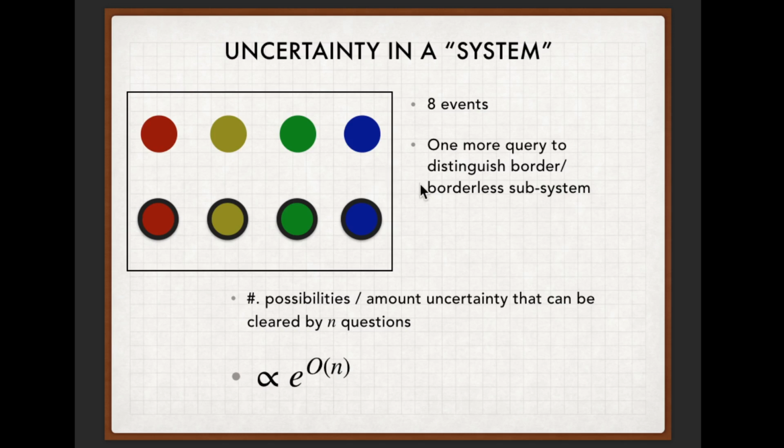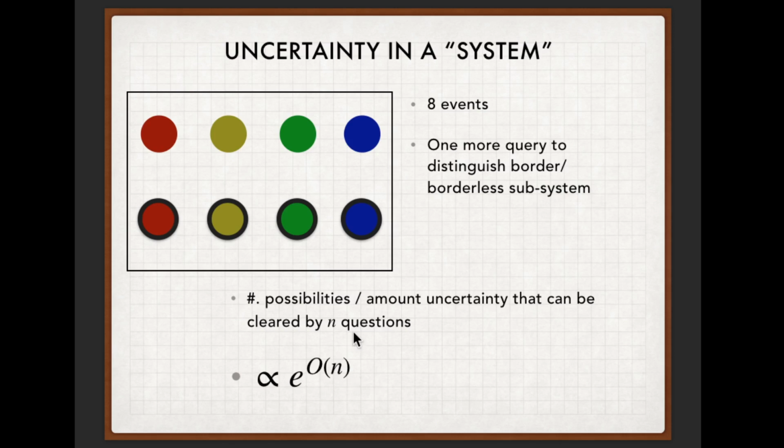So this intuition points to the direction that the amount of uncertainty that can be removed by n questions should be proportional to something that grows exponentially, to the power of some quantity with the same magnitude as n.